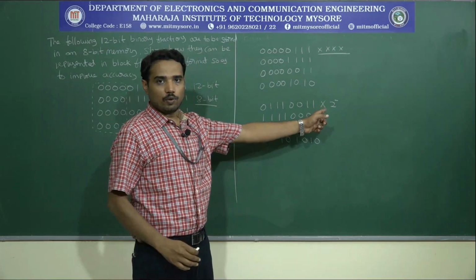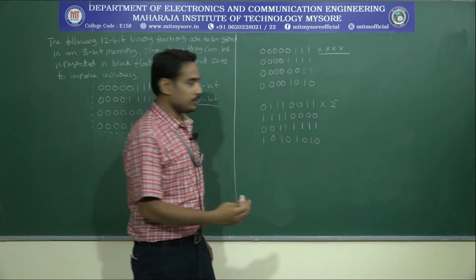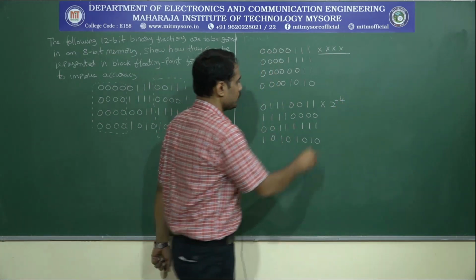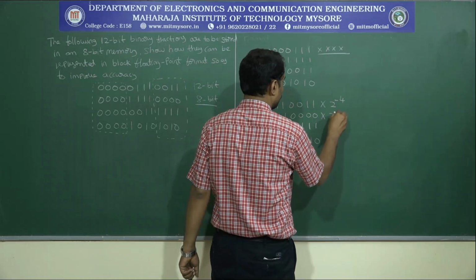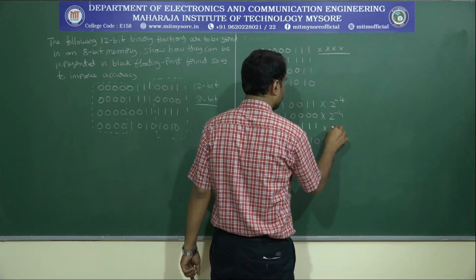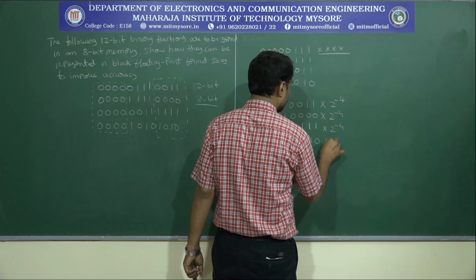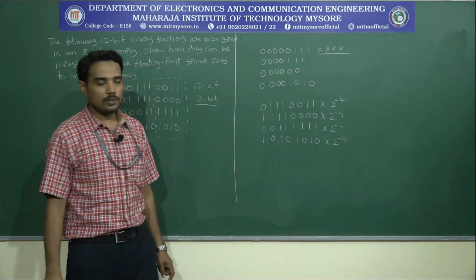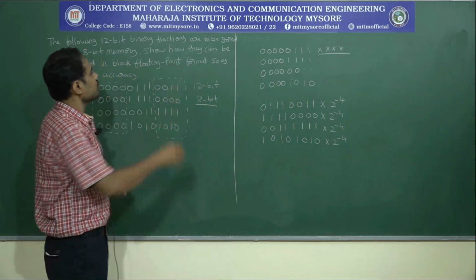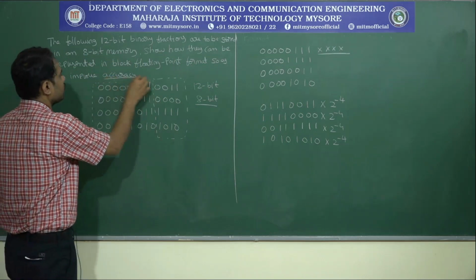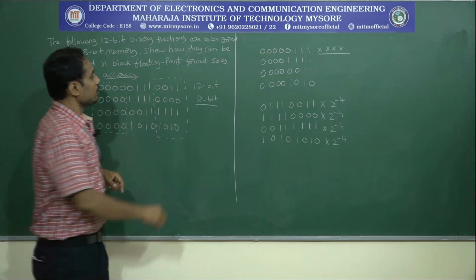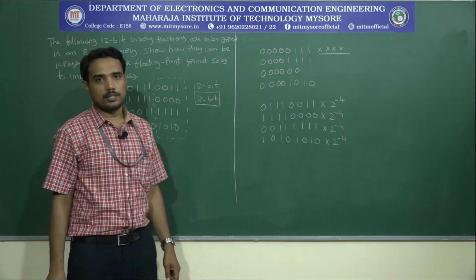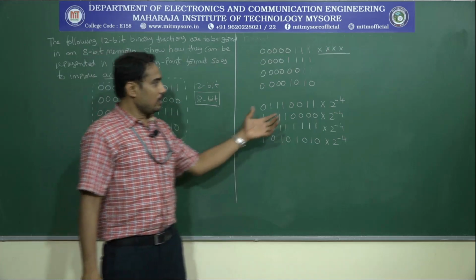Since I have shifted 4 bits towards right, I can write 2 to the power minus 4, similarly for each of the four numbers, in order to maintain the accuracy by storing with only 8 bits as mentioned in the problem.